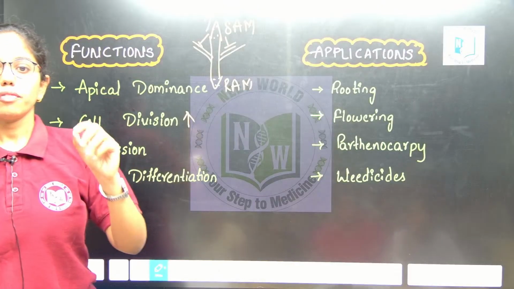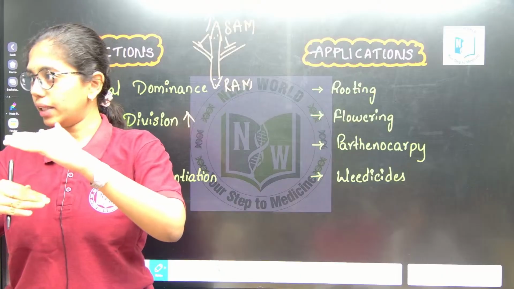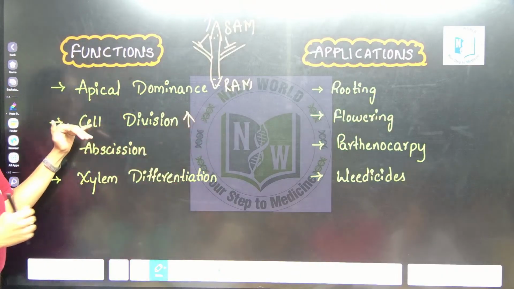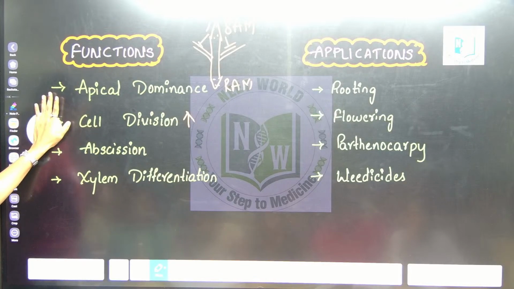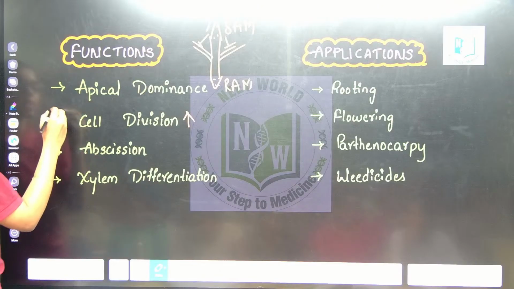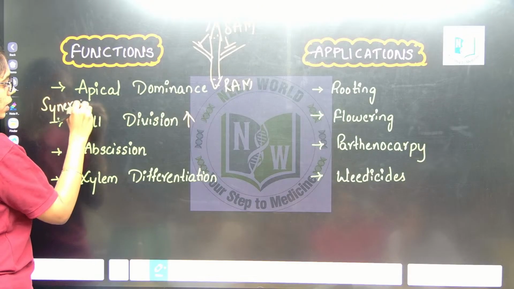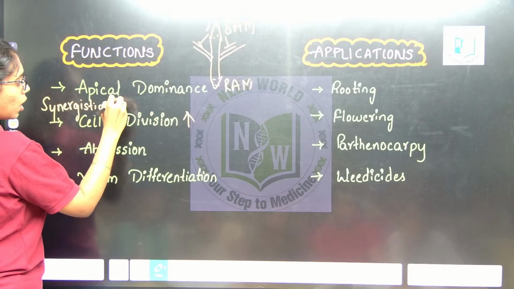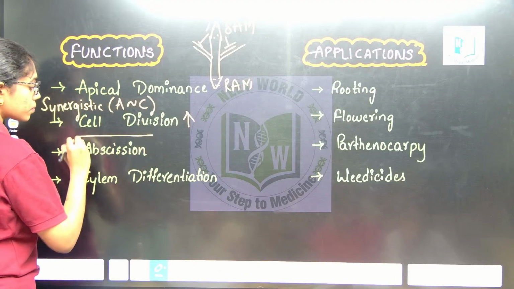Antagonistic means a function which is inhibited by one hormone is promoted by the other. So here, cell division is promoted both by auxin and cytokinin, and cytokinin promotes more than auxin. So what are synergistic in function? Auxin and cytokinin.